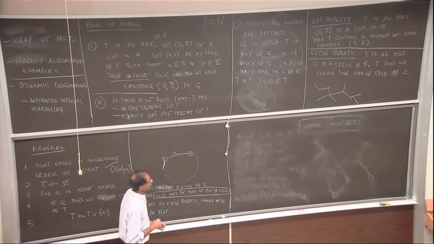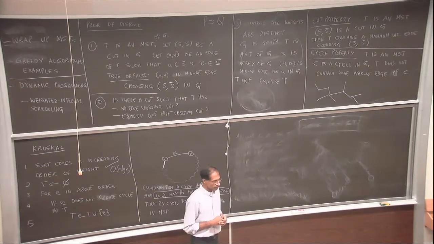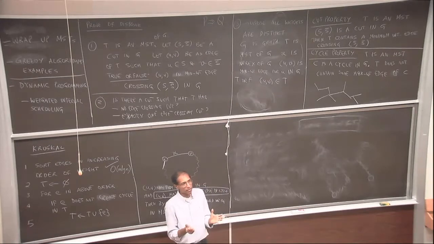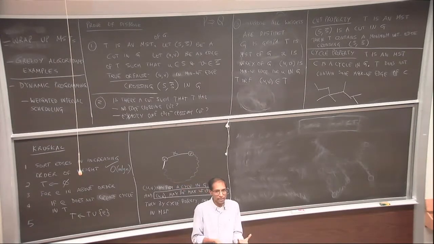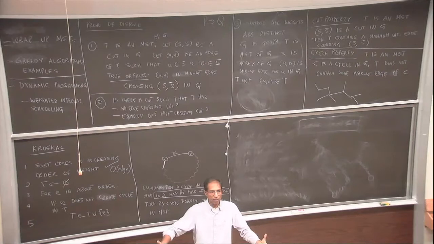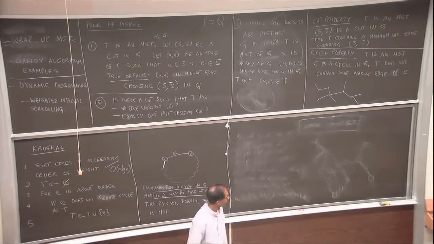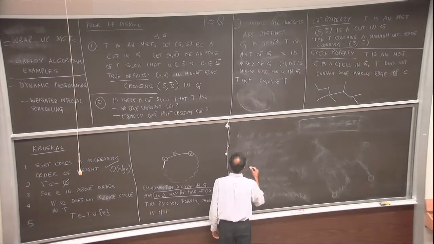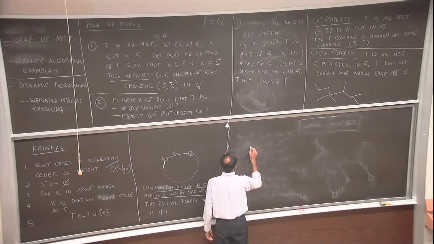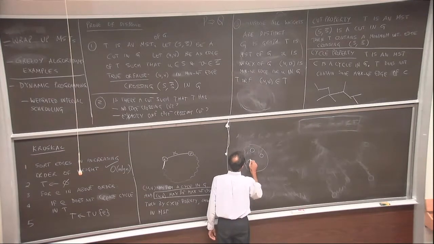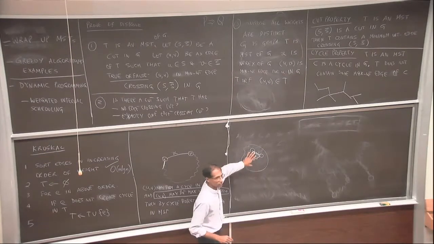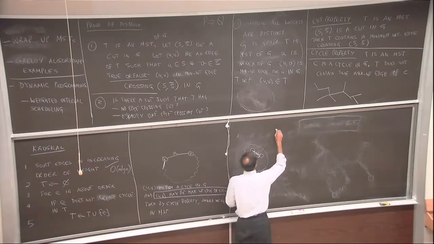So the way we will implement this is, remember, what are we doing in Kruskal's algorithm? We are trying to maintain different connected pieces. So at any point of time in Kruskal's algorithm, there might be a piece that we might have selected already. These three edges that we have already picked.